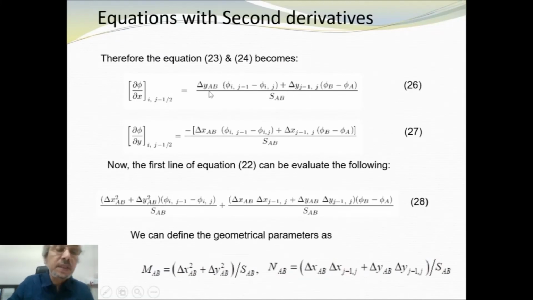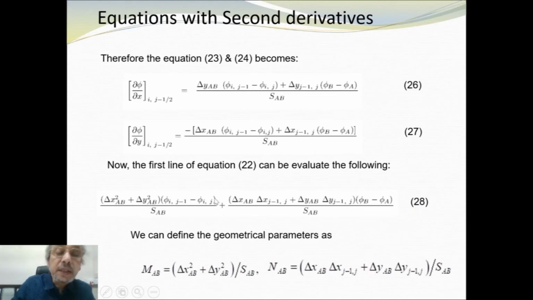Now, for example, if we multiply 26 by delta y AB, and 27 by delta x AB, we will be able to evaluate the first line, and by doing so we can see we are getting equation 28. This is basically the first line of equation 22.